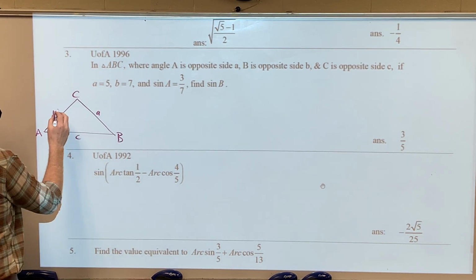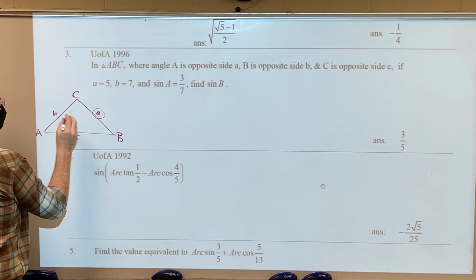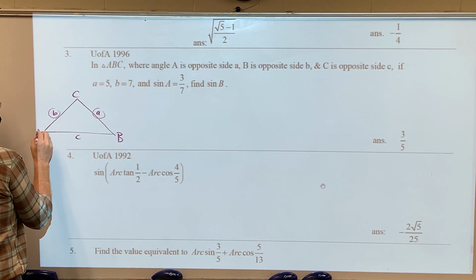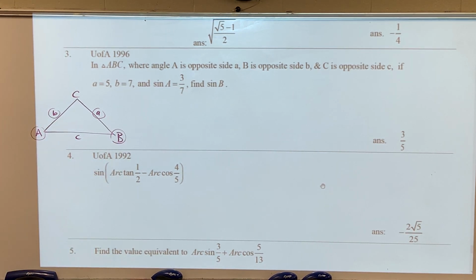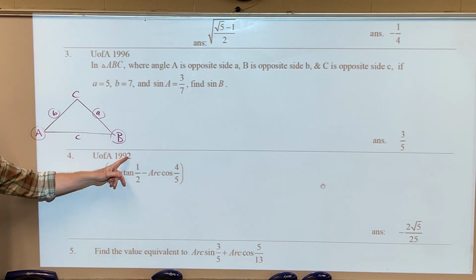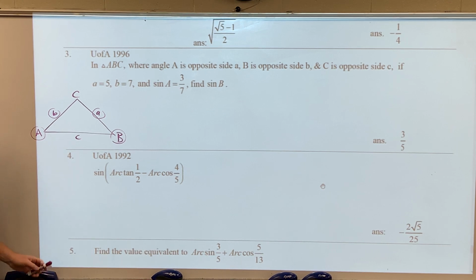So you know this, you know the sine of A, you're looking for the sine of B. Is there anything that you've learned that relates the sine of angles with their sides? You learned these last year. Do you remember the law of sines and cosines?